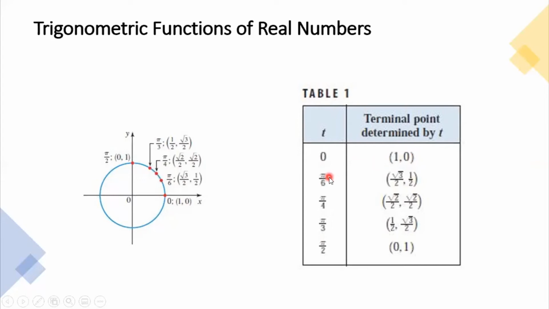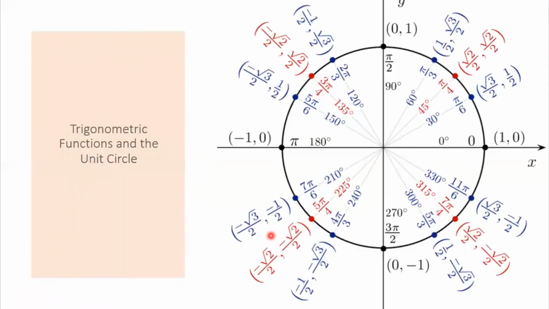If t is pi over 4, then the terminal point is square root of 2 over 2 and square root of 2 over 2. But if t is equal to pi over 2, then the terminal point obtained is (0, 1).